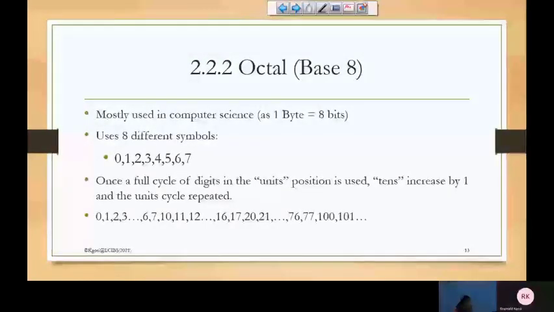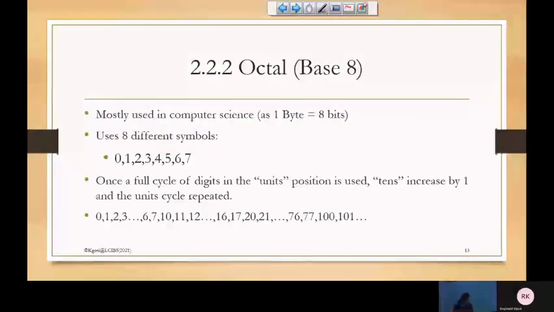Another system that exists, like we said, there's 4 of them. We look at the base 8, or the octal. This is used a lot in computer science, mainly because of the sizes of bytes and bits, memory storage units. Not physical units, I mean the unit of measure of memory is called a byte, and each byte is made up of 8 bits.